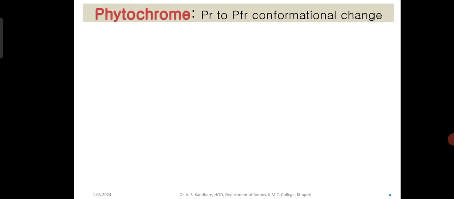Now you can see this phytochrome, that is PR to PFR conformational change. Since this phytochrome is light sensitive and it absorbs specific red and far red wavelengths of the light, this results in a conformational change or structural change in the phytochrome.